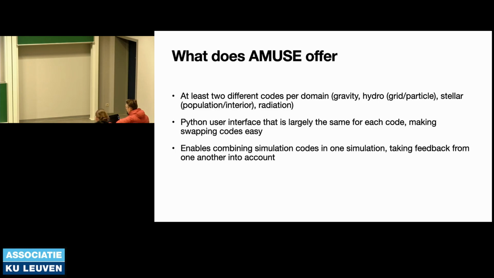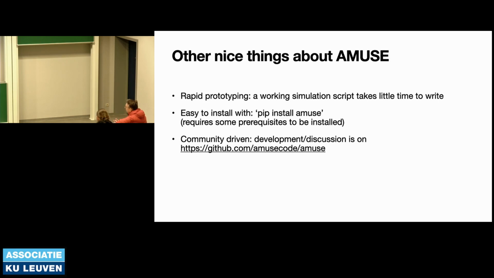It also allows you to do multiple things in one simulation, taking feedback from one into account for the other. So you can say, okay, stellar evolution will tell me that the mass of the stars is changing over time, and the stellar gravity code takes that into account. That's a simple example. Some other nice things that AMUSE offers is that you can do rapid prototyping, which means that you can write a simple script in a very short time.